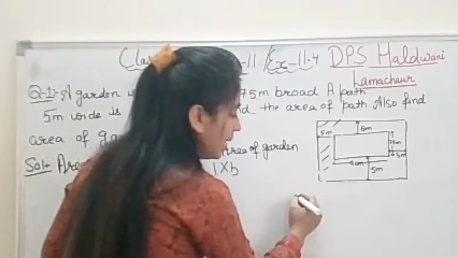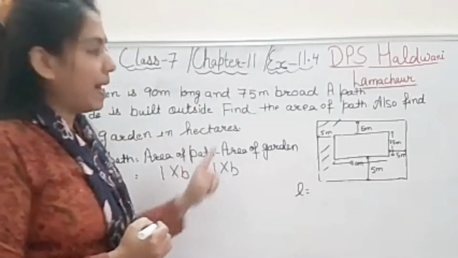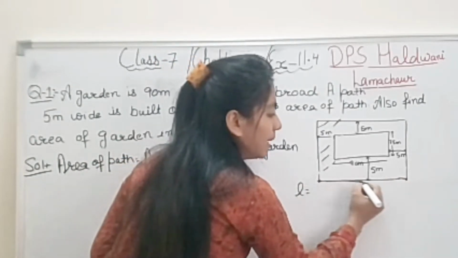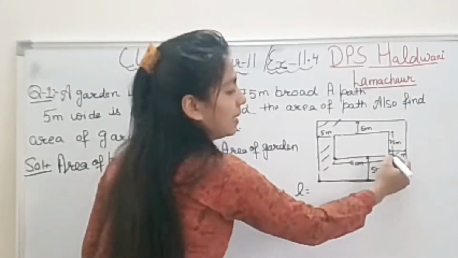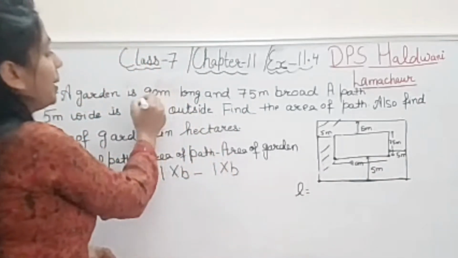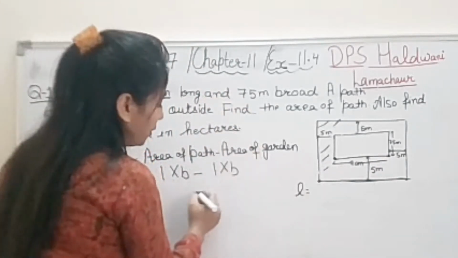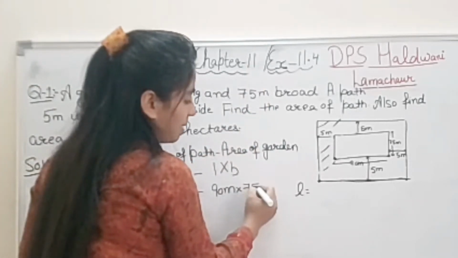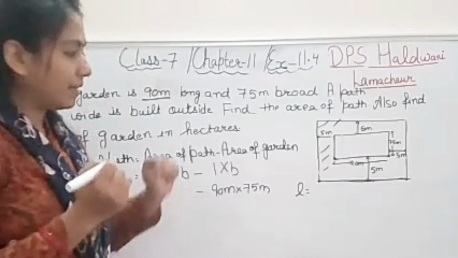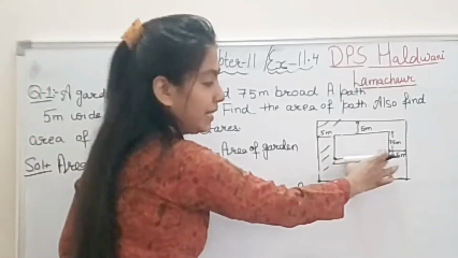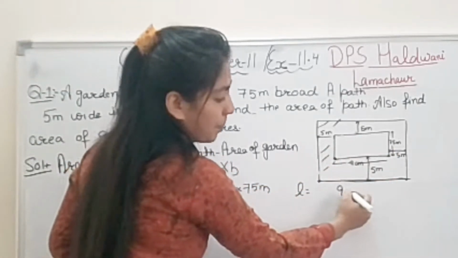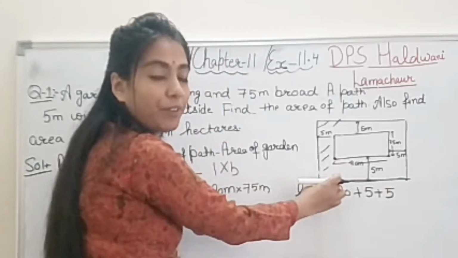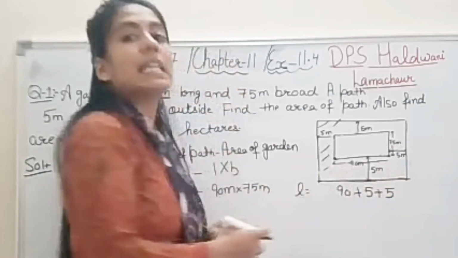So see, when we talk about the length of path, this path from here till here, this total, okay, and the garden length is given to you as 90 meter. Garden breadth you also know is 75 meter. What about path length? You know garden length is this much, 90. So 90 plus 5 plus 5, because 5 meter from this side, 5 meter from this side.